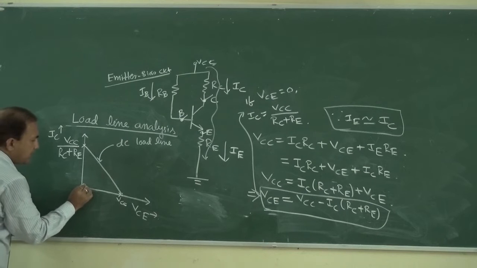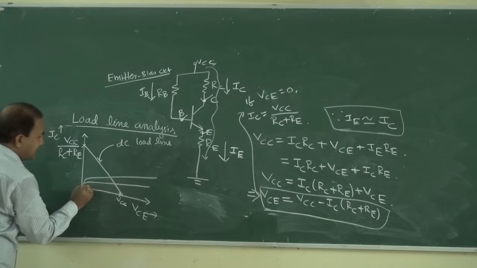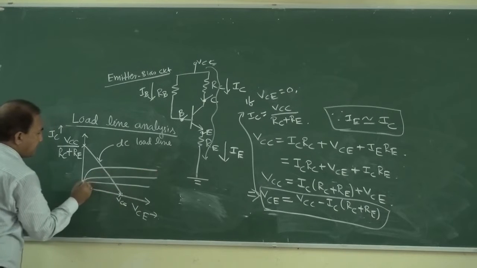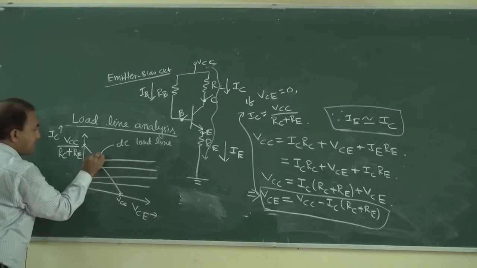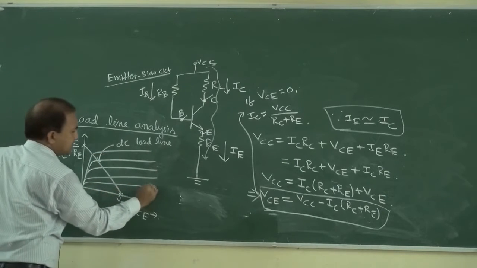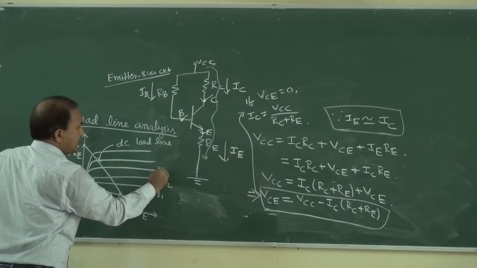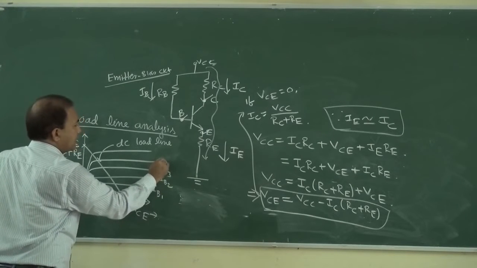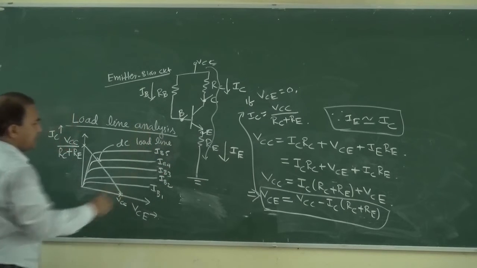Now the output characteristics are like this. Suppose these are IB1, IB2, IB3, IB4 and then IB5.